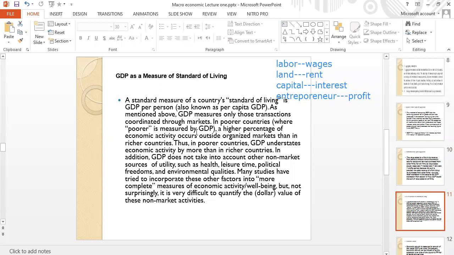This economic activity outside organized markets is meant by the underground economy.